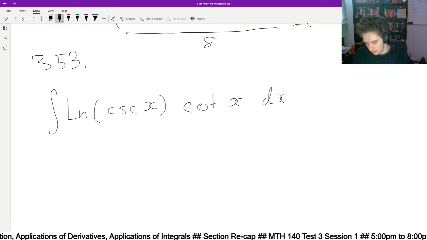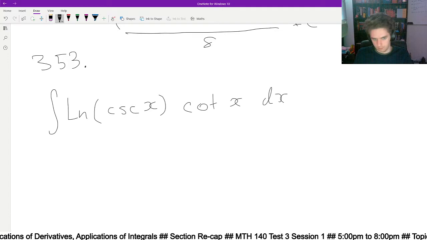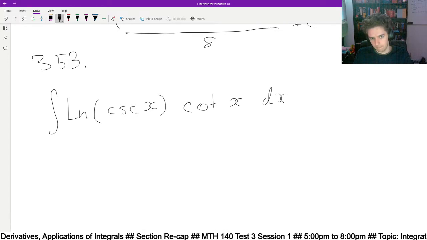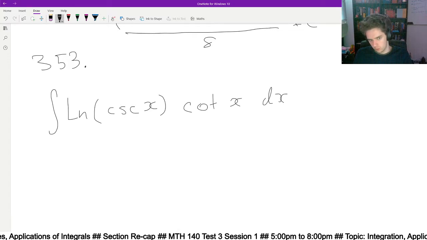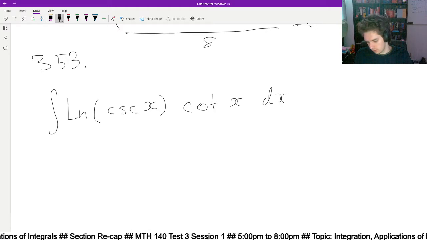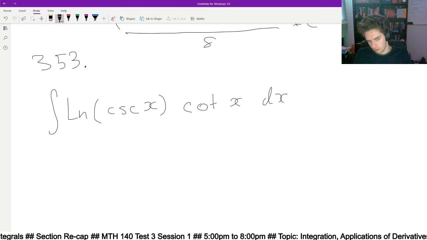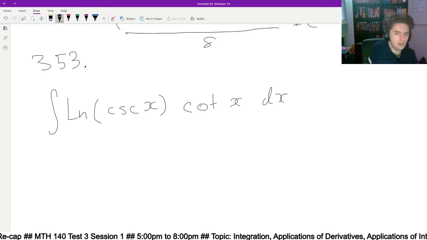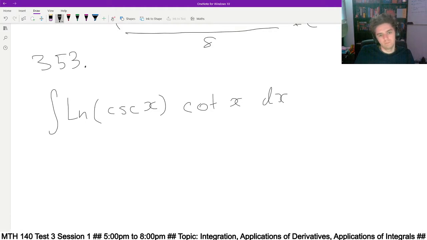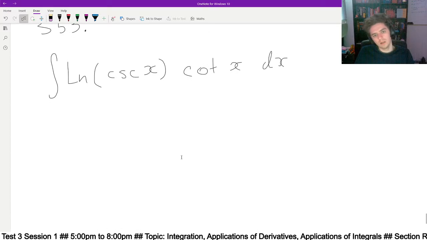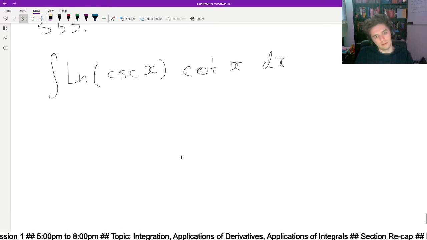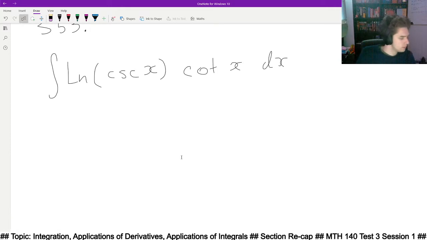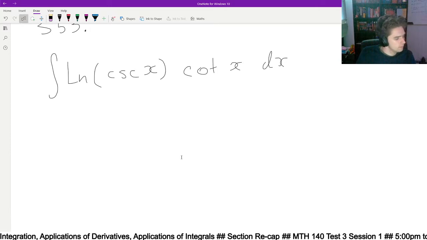Okay, so no, that wouldn't work. Can we make cosecant x du?